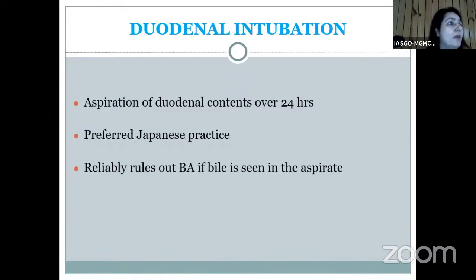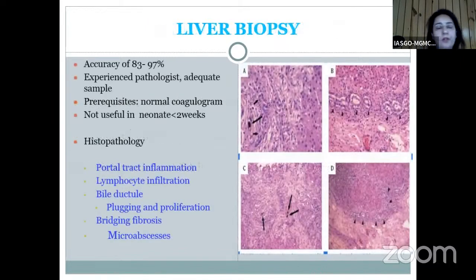In Japan, duodenal intubation is quite commonly practiced, because if you aspirate bile from the duodenum, it most reliably rules out biliary atresia. The liver biopsy has a diagnostic accuracy of about 80 to 90%.